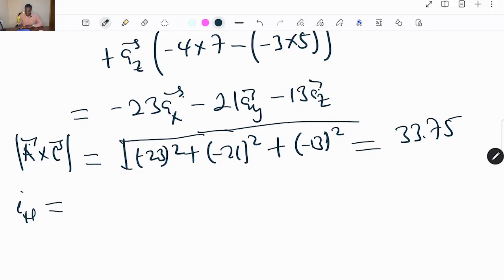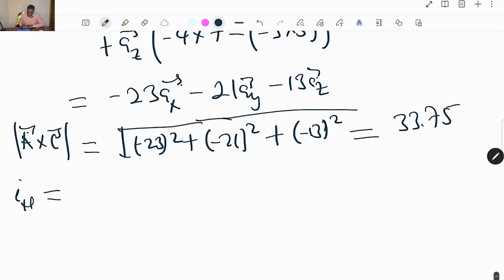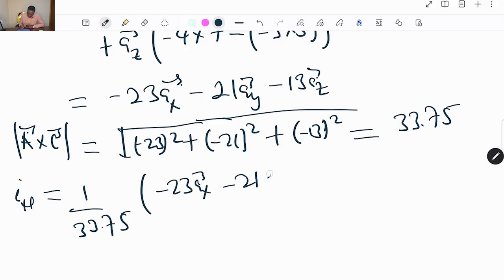So the unit vector normal to the points A and C is going to be equal to 1 over this 33.75 times the vector minus 23 along the x-axis, minus 21 along the y-axis, minus 13 along the z-axis.